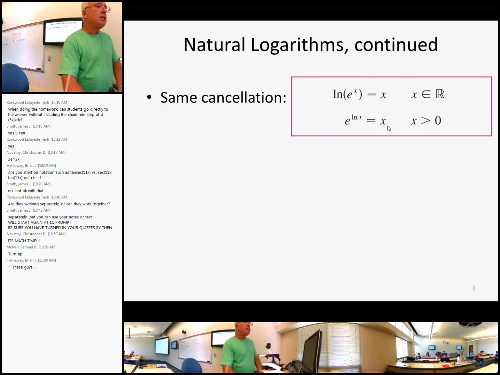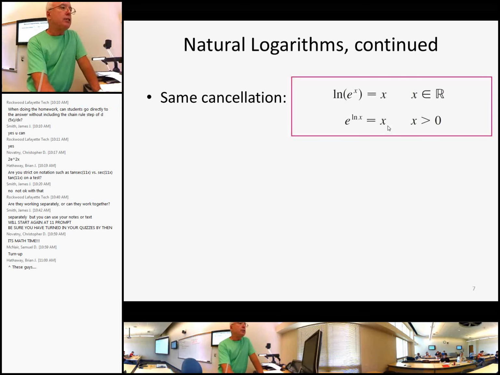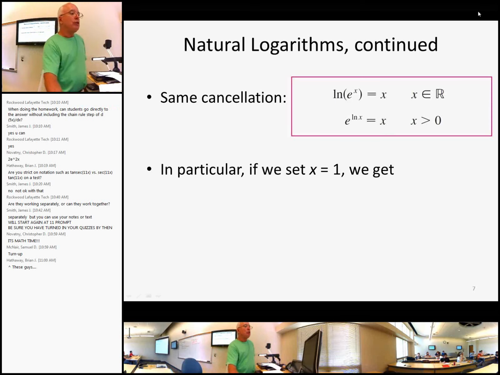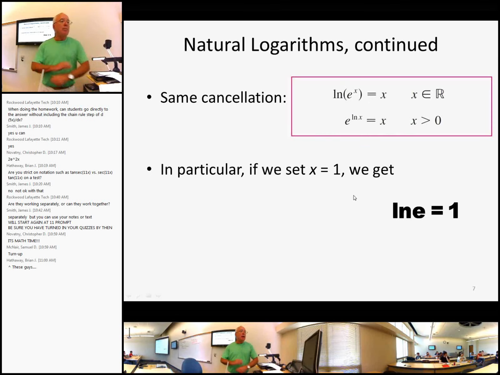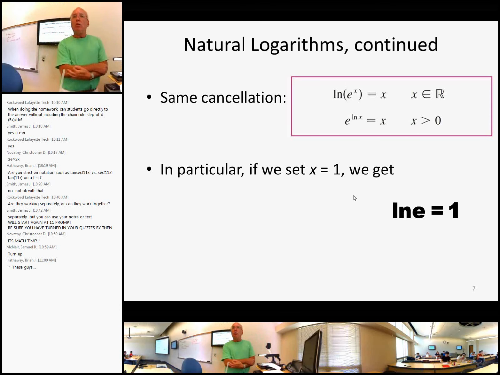This gives us a couple of interesting properties that you need to remember. Let's suppose we set x equal to 1 up here. What we get is the ln of e to the first power, or the ln of e, equals 1. I'm just replacing the x with the 1. So I put that in big, bold letters there. We need to remember that the ln of the natural number e is equal to 1.